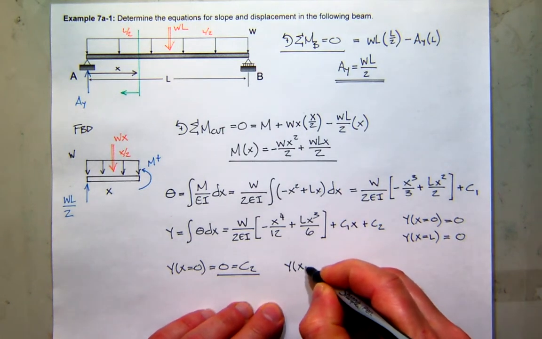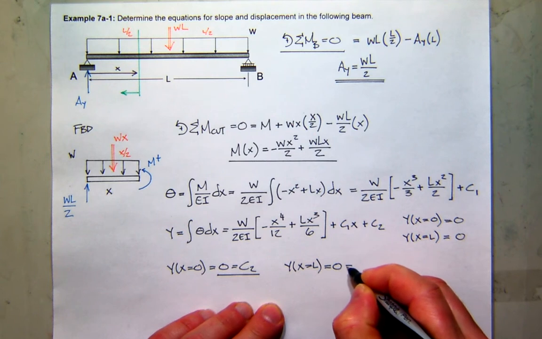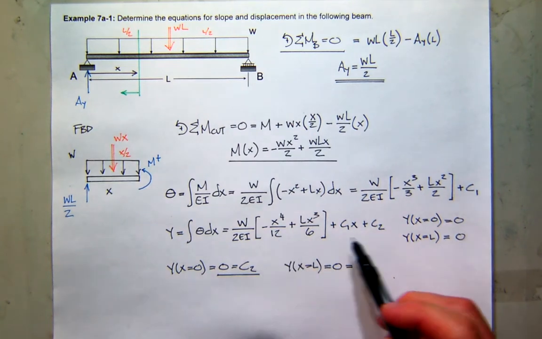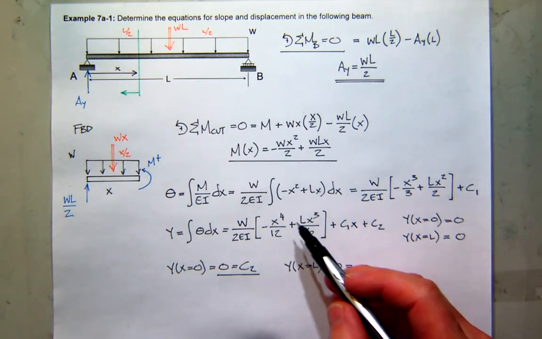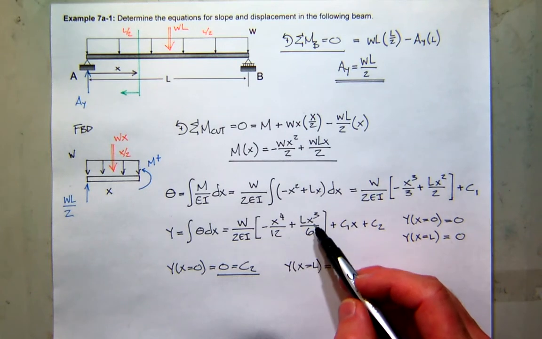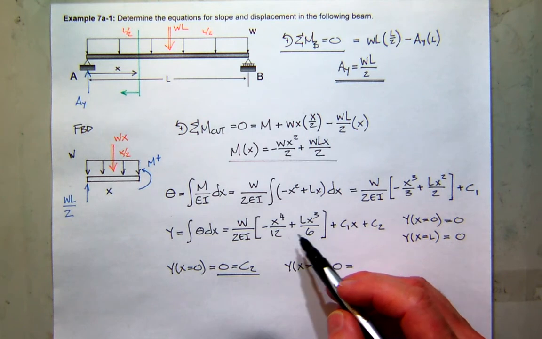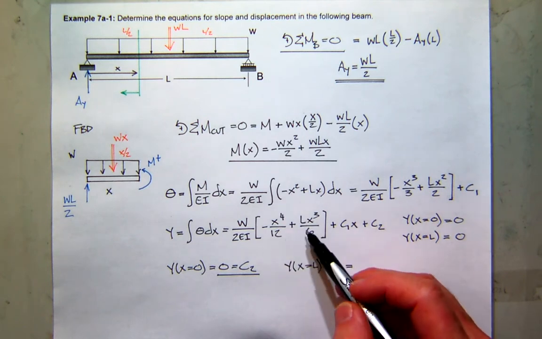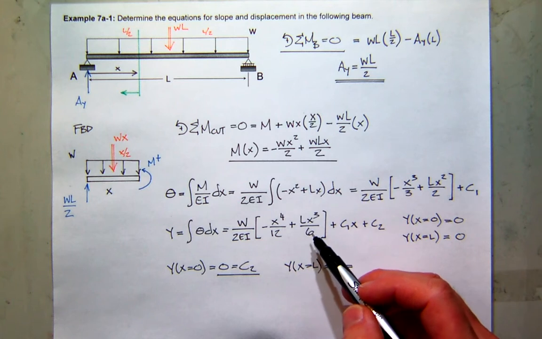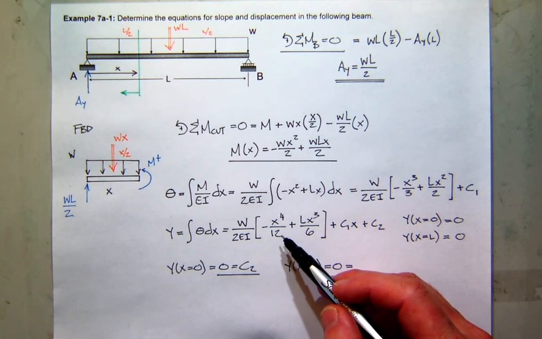Got one more to do. What about when x is equal to L? Well, I know that's also 0. So let's plug in x equal to L here. All right, so I got L to the 4th over 12 plus L to the 4th over 6. Okay, so this is a 12th and this is a 6. So that 6 is really 2 12ths, right? So I got 2 12ths minus a 12th gives me just a 12th.